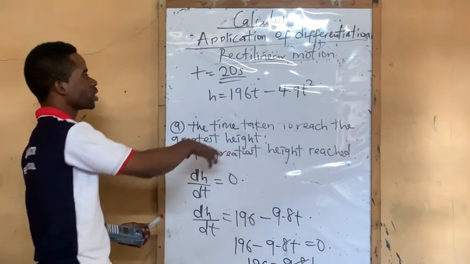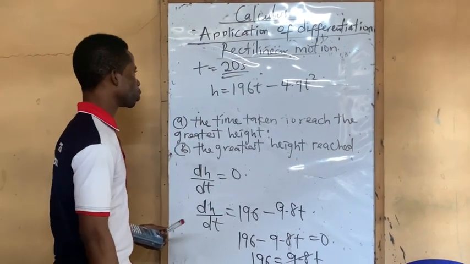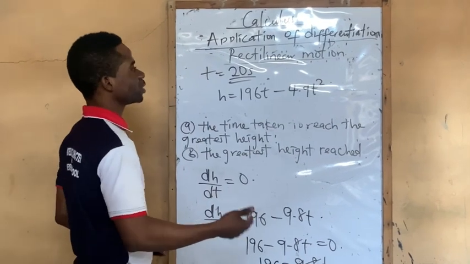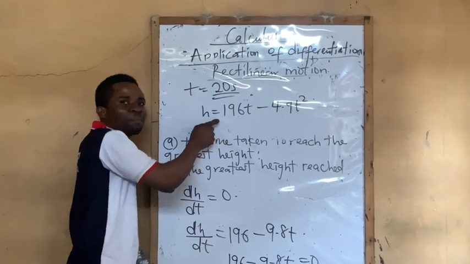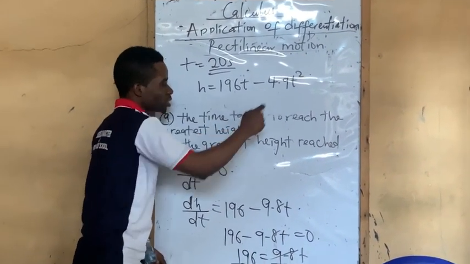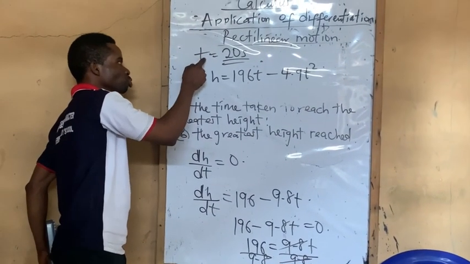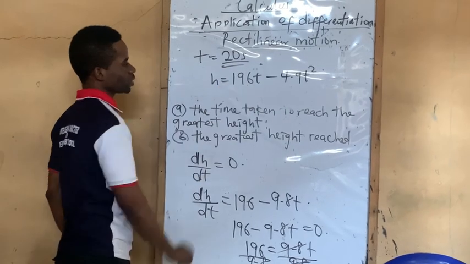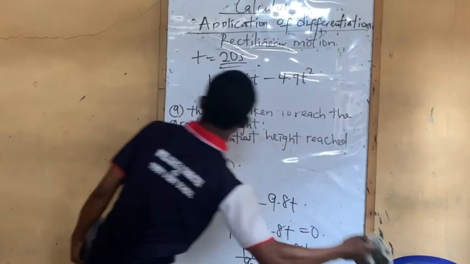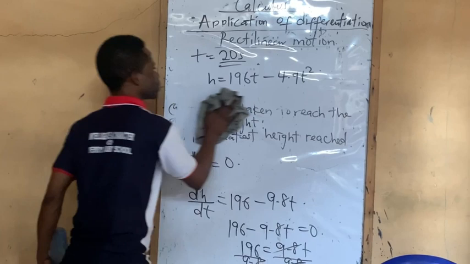That's our normal height given to us in the original equation. So to get the greatest height reached, we refer back to the equation given to us, which is this. And for me to get this value for the height, I have to substitute my t, which is 20, to get the greatest height reached.